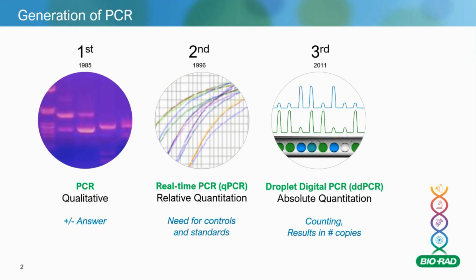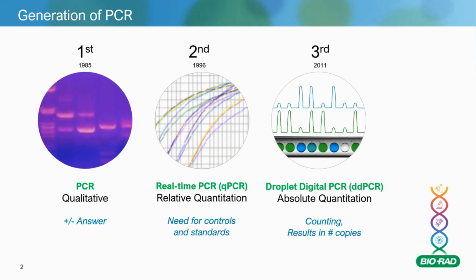So I'm not going to go into detail this afternoon, just simply highlighting the fact that ddPCR is what we describe as the third generation PCR. It's a combination of endpoint and real-time PCR. It's endpoint in the fact that the droplets or the partitions are thermal cycled to the end, where they are looked at only at the end of the cycling process.